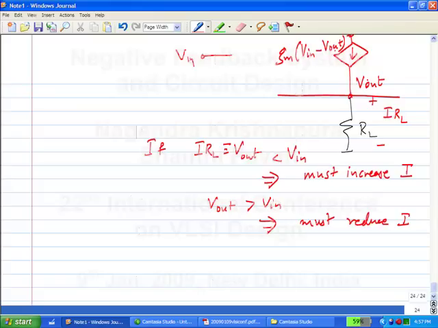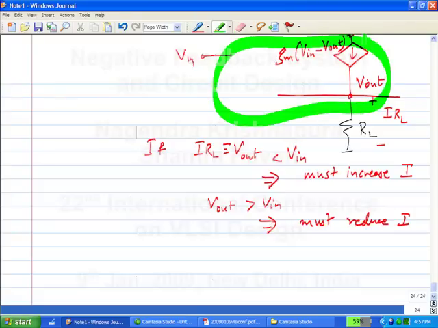Now, which is the transistor? No. This is the transistor. Because please recall that the transistor is a voltage controlled current source where the current is being controlled by the difference between these two nodes.